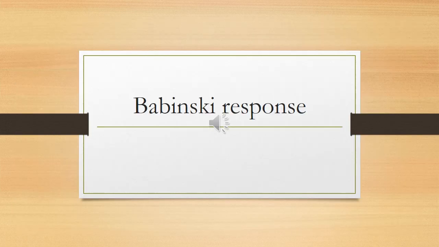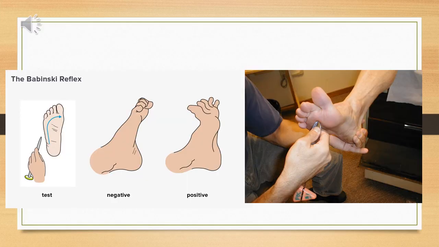Now we are going to talk about special reflexes. To start with the Babinski response, which is an upper motor neuron sign. The idea behind the Babinski reflex is to scratch the plantar aspect of the foot, as you can see in the left-hand side picture.